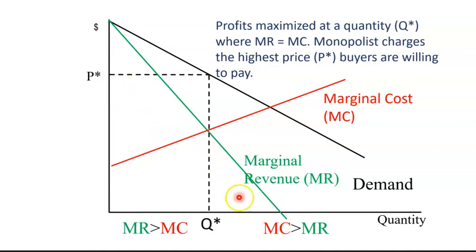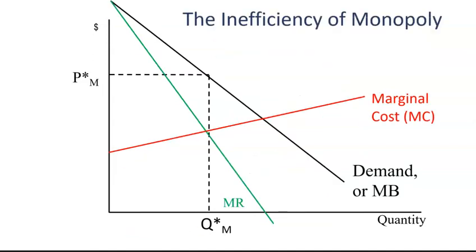What can we say about this outcome? Here's the standard textbook story. I'm going to comment on this in a moment. The standard textbook story says monopoly is inefficient. Why?